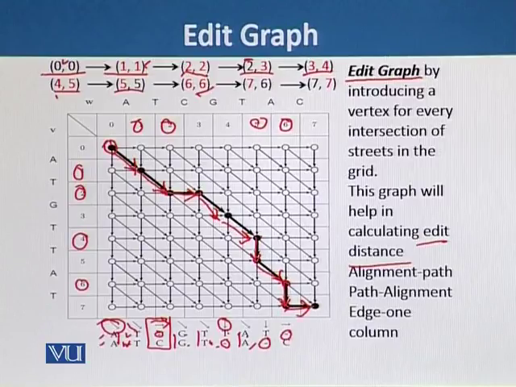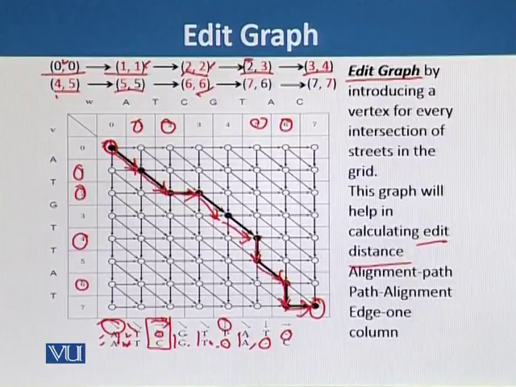So by seeing the alignment of the alphabets in the two strings and following the numbers assigned by the matrix of these two strings, we will follow the path and we will reach from 0 0 to 7 7. So again we will find the path as we found the path in the Manhattan problem.